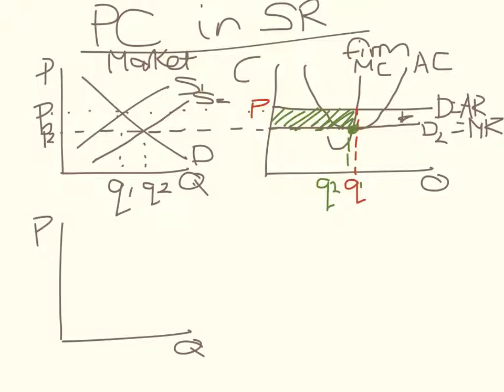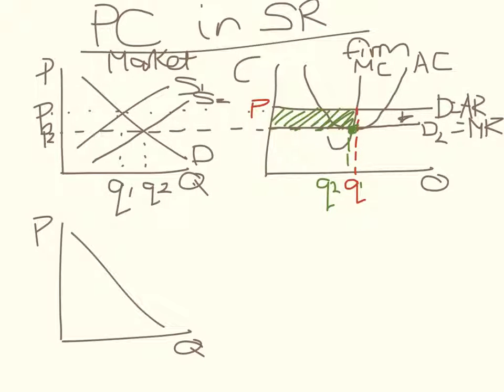They want to produce where marginal cost equals marginal revenue, so they're going to reduce their output a little bit, because at points past that, the marginal cost of producing items is much higher than the price they're going to get, so it would be illogical for them to do that. Okay, so that's in the short run, a firm in a perfectly competitive market can actually make supernormal profits.